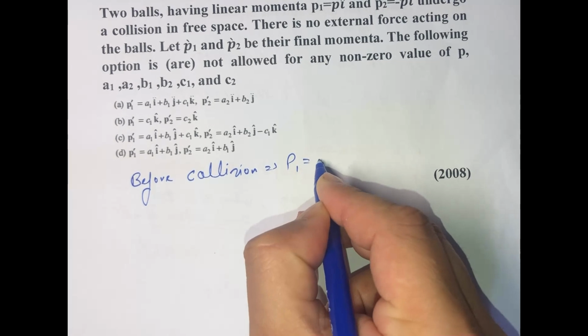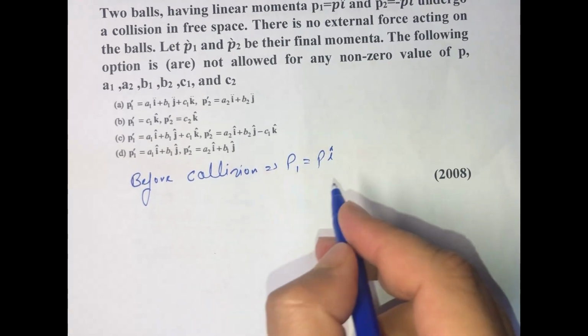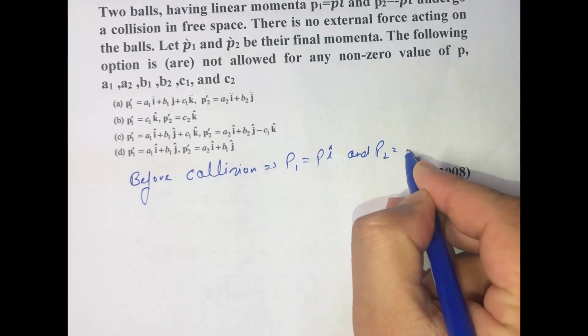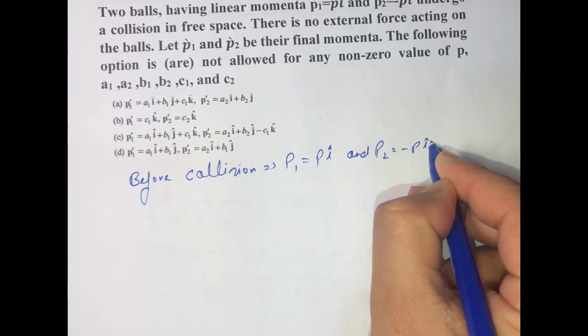P1 equal to P with the unit vector i, and P2 equal to minus P with unit vector i.